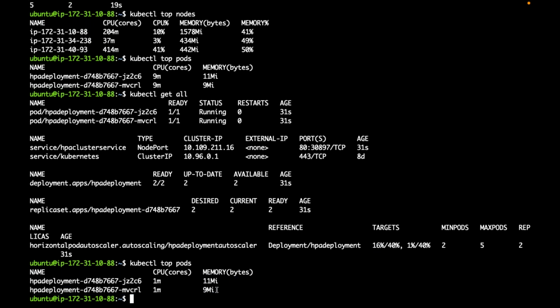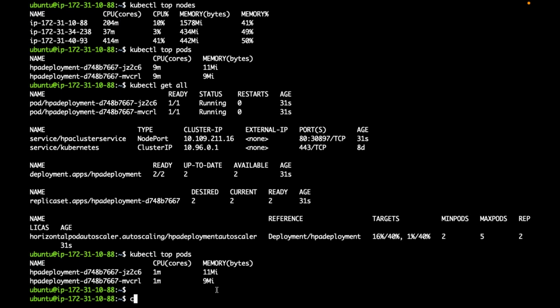Now I have this application, a very simple application. How can I put the load? How can I demonstrate, how can I prove, whether this HPA will work or not? How can I increase the load on these pods?